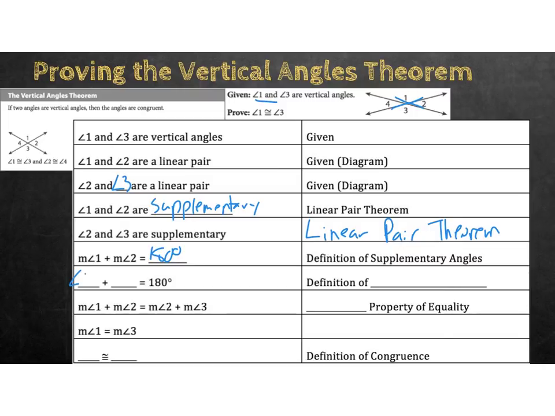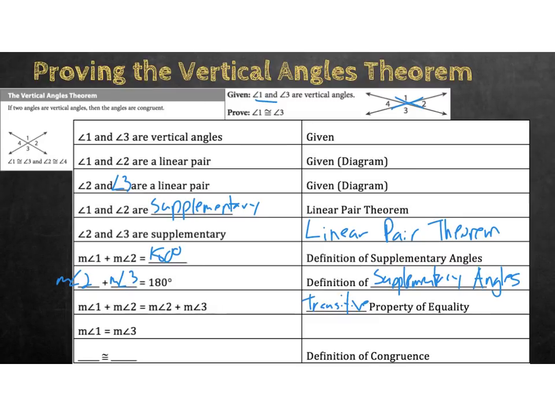And we also know that the measure of angle 2 plus the measure of angle 3 equals 180 by the definition of supplementary angles. Measure of angle 1 plus measure of angle 2 equals measure of angle 2 plus measure of angle 3. Those can be set equal to each other by what is called the transitive property of equality. And we know then that measure of angle 1 equals measure of angle 3.